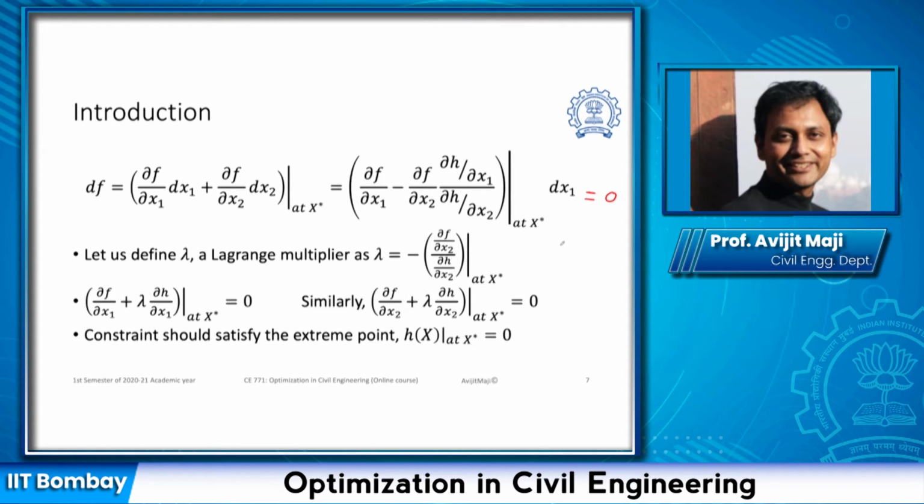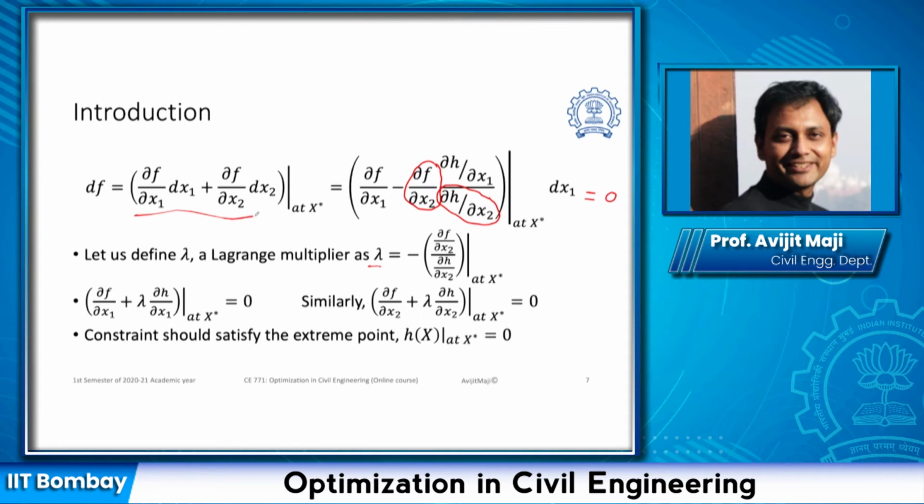Then we can reasonably define a factor lambda, which is equal to negative of del f del x2 divided by del h del x2, coming from del f del x2 and del h del x2. So if we consider this as lambda, then we can easily write this equation.